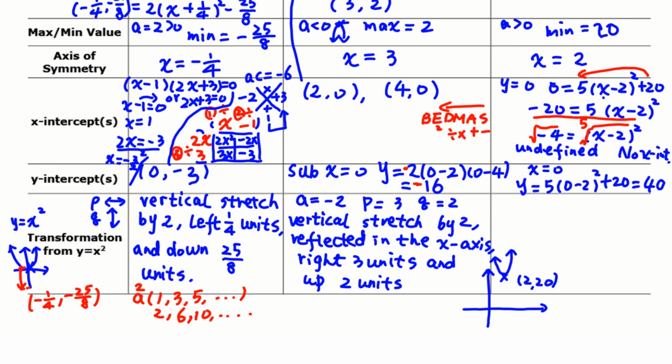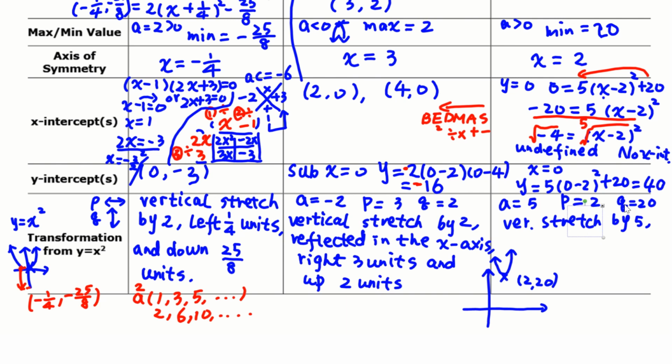And for the transformation, A equals 5, P equals 2, Q equals 20. The A value is a vertical stretch by a factor of 5.